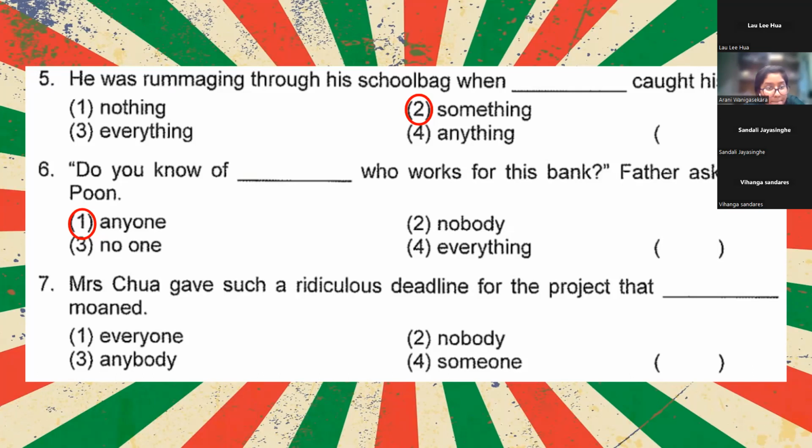The answers do not contain anyone. What's the answer? Okay, so the answer is yes, everyone. So Mrs. Straw gave such a ridiculous deadline for the project that everyone mourned.